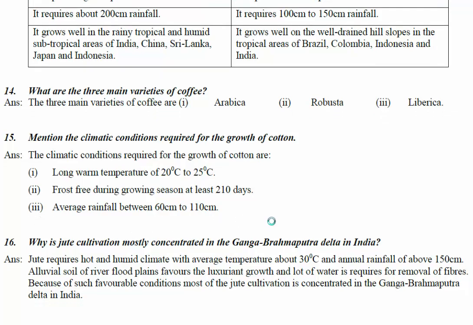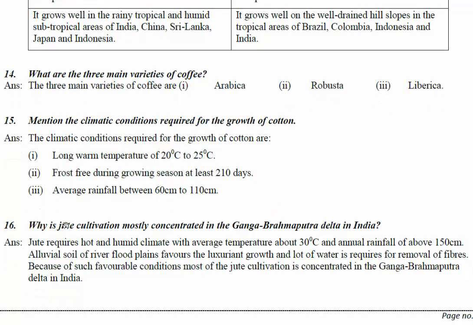The next question is why jute cultivation? Why is jute cultivation mostly concentrated in the Ganga-Brahmaputra delta in India? Jute requires hot and humid climate with average temperature of about 30 degrees Celsius and annual rainfall of about above 150 centimeters.